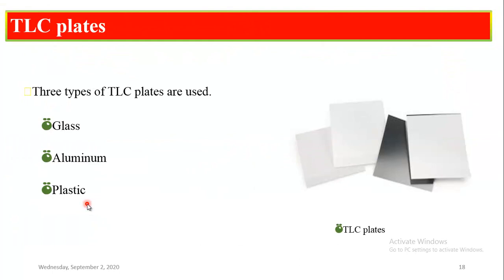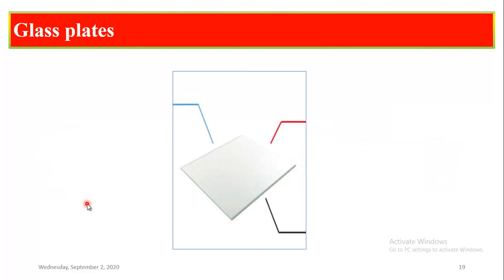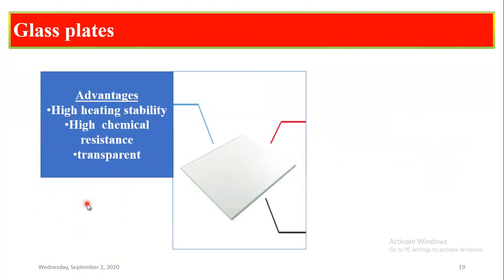And after that, different types of TLC plates are available in the market. Majorly there are three types: glass, aluminium, and plastic. But they have certain advantages and disadvantages. First, glass plate: high heating stability, we can heat it at high temperature, high chemical resistance, and transparent.